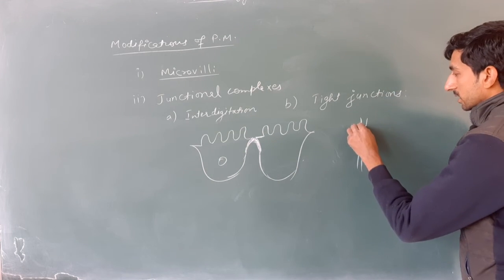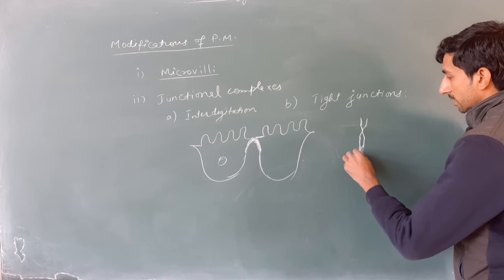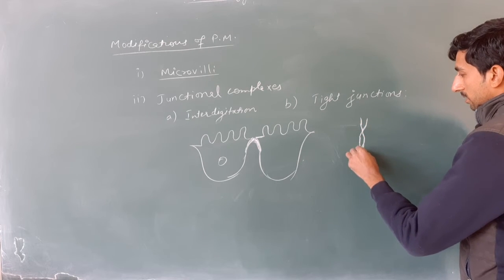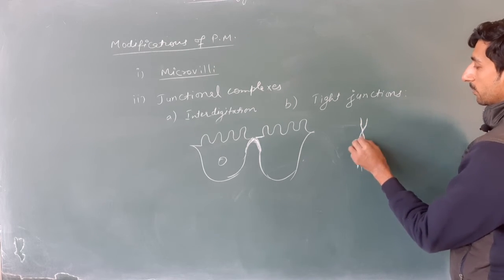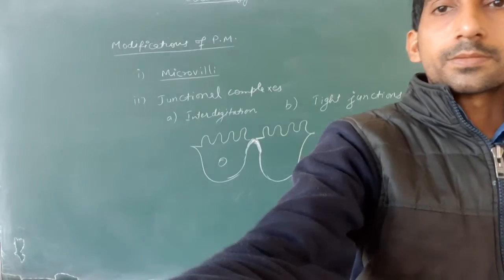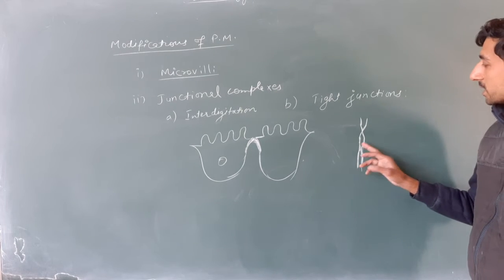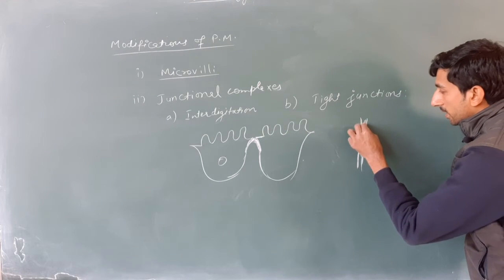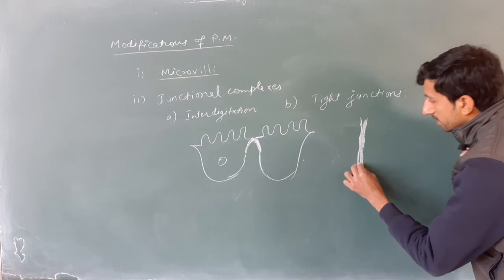In case of tight junctions, there is no gap between the two plasma membranes of the cells, and these junctions are stabilized by sealing strands.